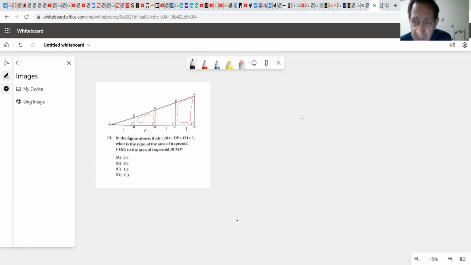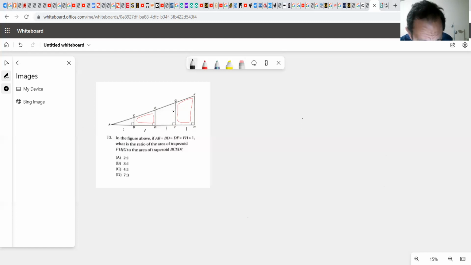So I might think of another strategy: if you wanted to find the area of this trapezoid, you can take this bigger triangle here and subtract out the little triangle, and that would give you the area of this trapezoid here, right? One thing that we should realize is that, being that these are similar triangles, the sides are going to be proportional, right?